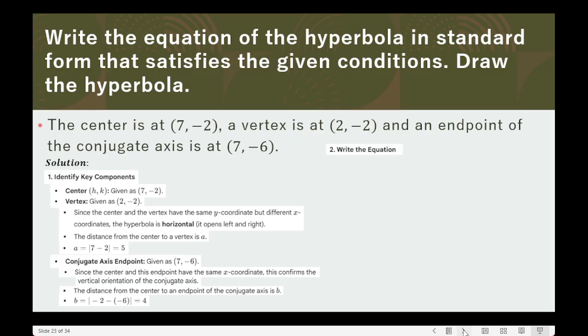Then we can now write the equation since we already know the values of a and b. Now the standard form for the hyperbola, since the orientation is a vertical hyperbola, so we have quantity x minus h squared. Is it vertical or horizontal? It's horizontal now, sorry.